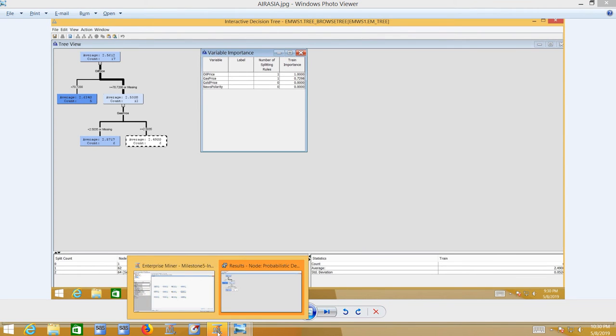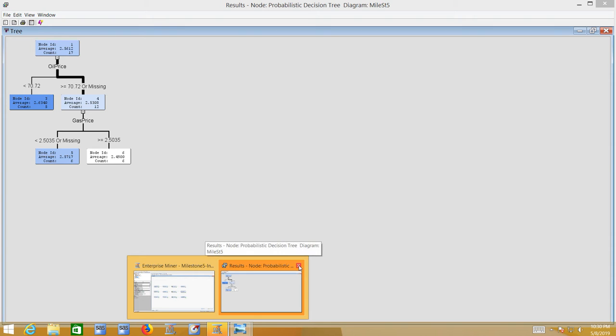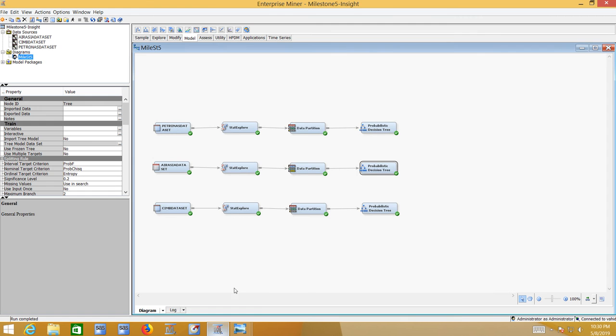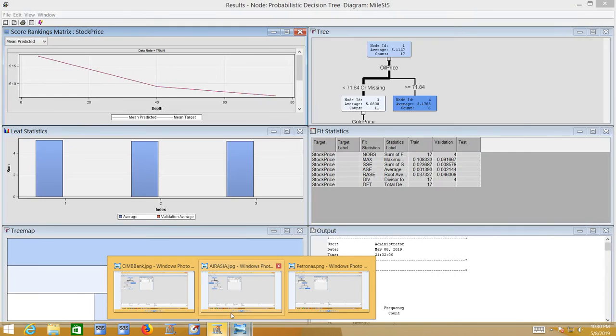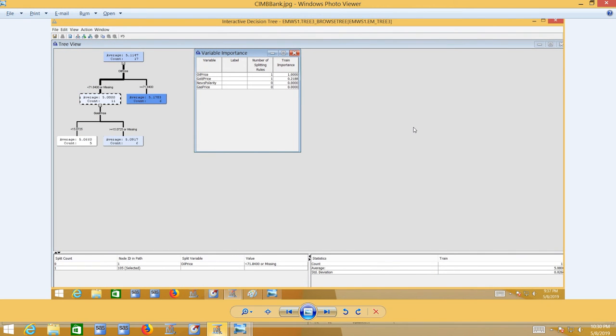And for the CIMB dataset, I have done the same analysis, and as I can show here, this is the final result. Again, oil price, and now we have gold price here instead of gas price.